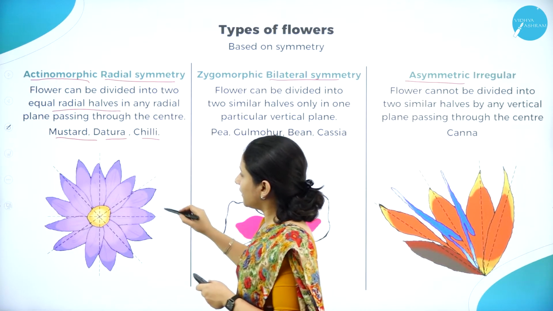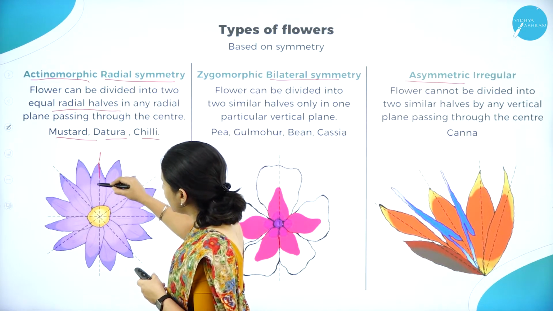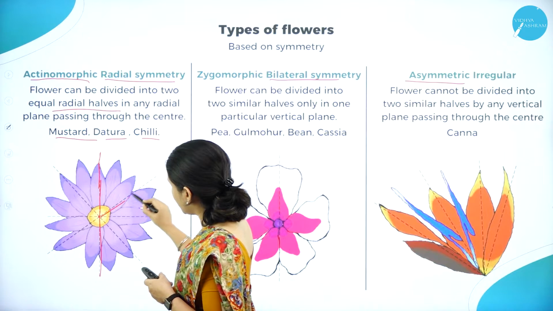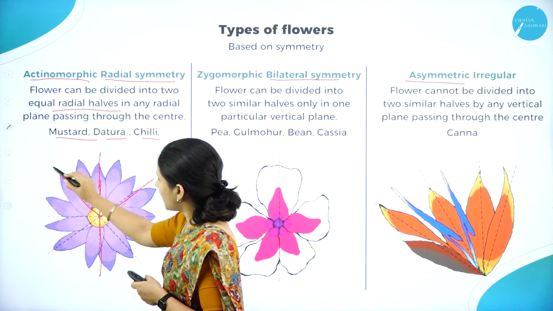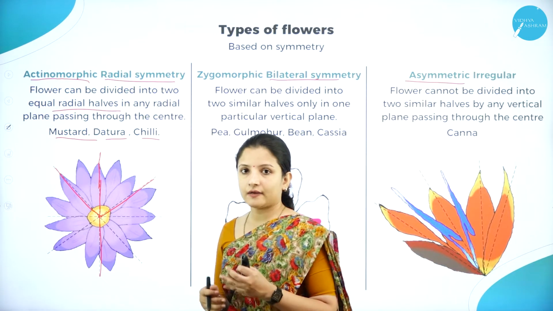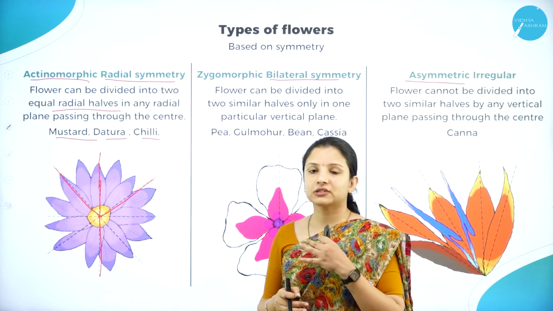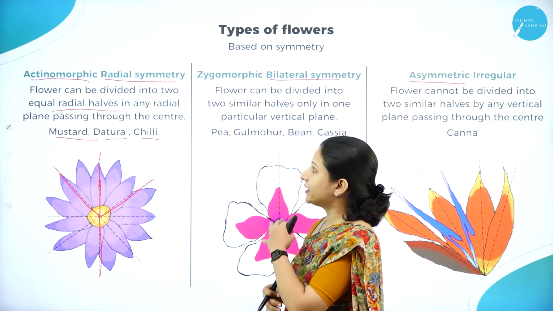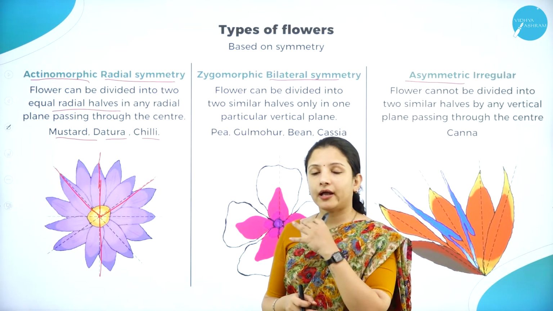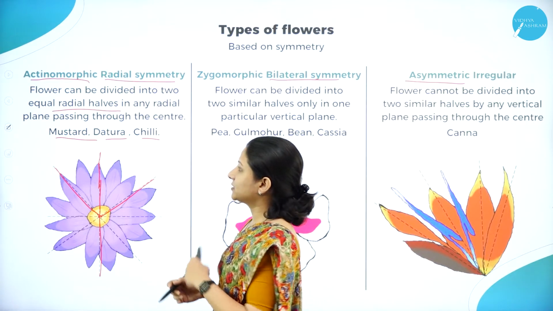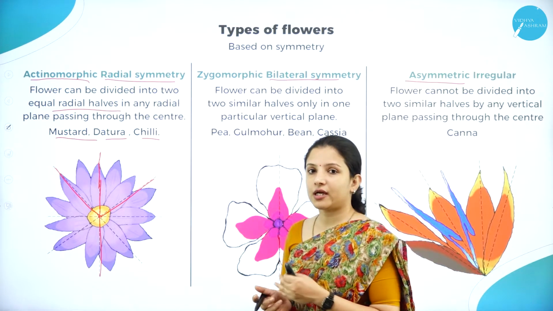So if you see this flower here, if I draw a line exactly from the center on any different planes, the flower will cut into equal halves. So such flowers are called as actinomorphic flowers. That is, they are called as the radial symmetry, and also the flowers are called as the actinomorphic flower. So the best examples are mustard, datura, and chilli.